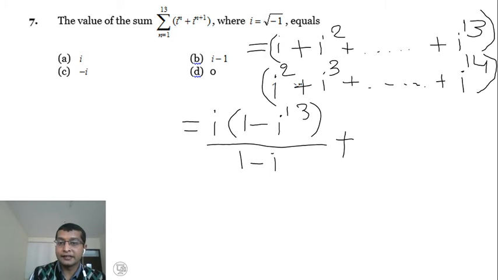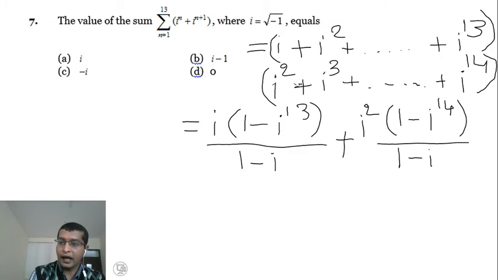So here a is i square, 1 minus i raised to 14 whole divided by 1 minus i.